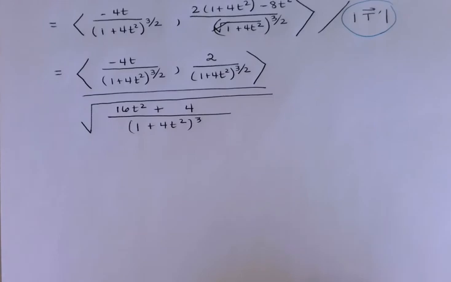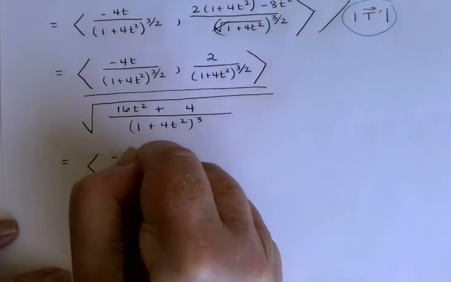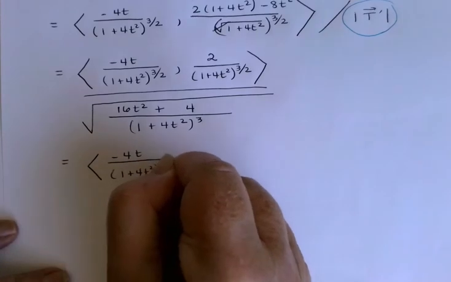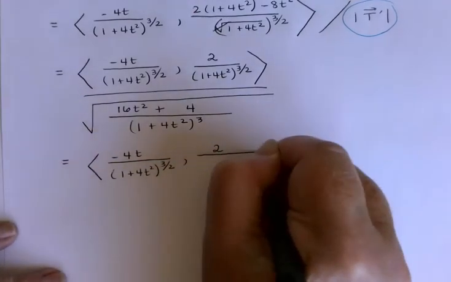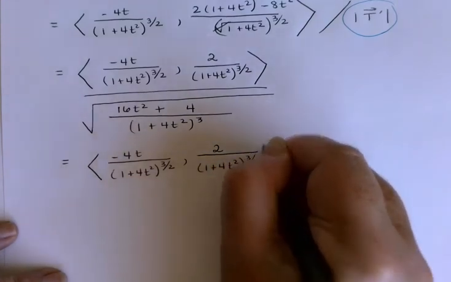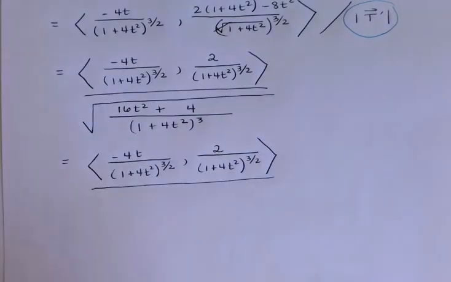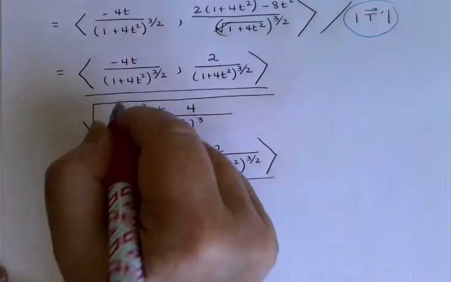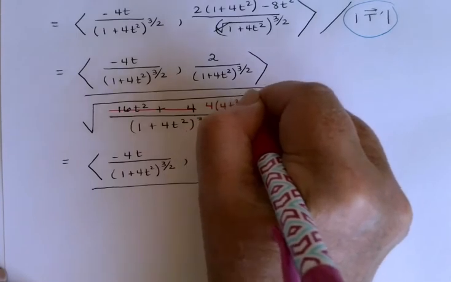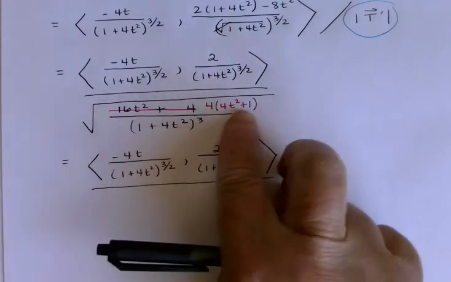Okay, so let's see here. On the bottom, I'm going to notice that I could factor a 4 out of here and make that 4 times 4t squared plus 1. So in fact, I could cancel a factor of 4t squared plus 1 here.